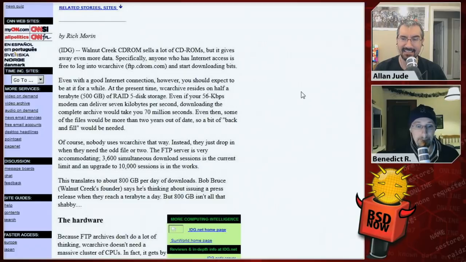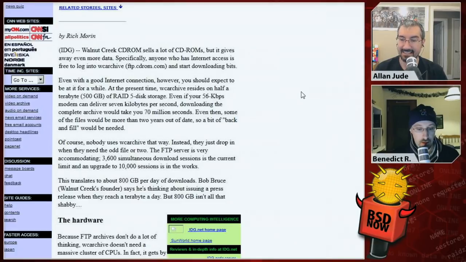Specifically, anyone who has an internet connection is free to log into the Walnut Creek archive, ftp.cdrom.com, and start downloading bits. Even with a good internet connection, however, you should expect to be at it for a while. At the present time, the archive is half a terabyte, or 500 gigabytes, across the RAID 5 array.